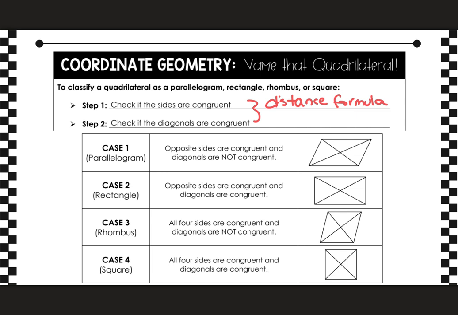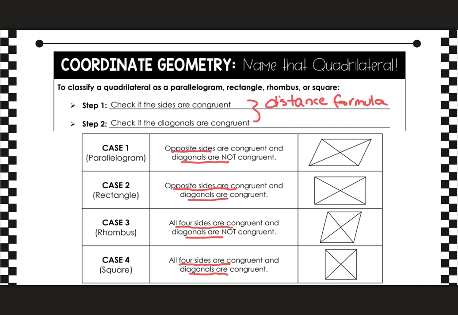The opposite sides are congruent here, but the diagonals are not, okay? Here, the opposites are congruent and the diagonals are, okay? Here, all four sides are congruent, but the diagonals are not. And here, all four sides are congruent and the diagonals are congruent.